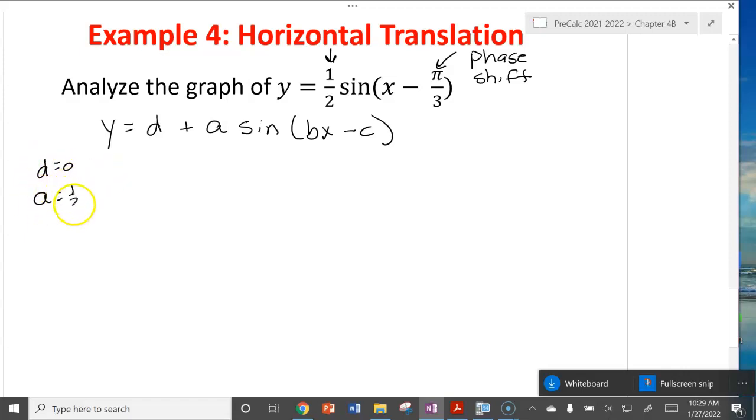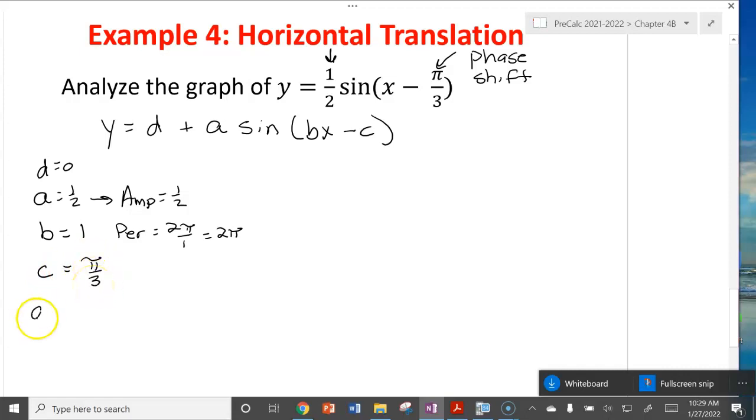A equals 1/2. So therefore my amplitude equals 1/2. We have B equals 1. So my period equals 2 pi over 1 equals 2 pi. C equals pi over 3, and D equals 0.